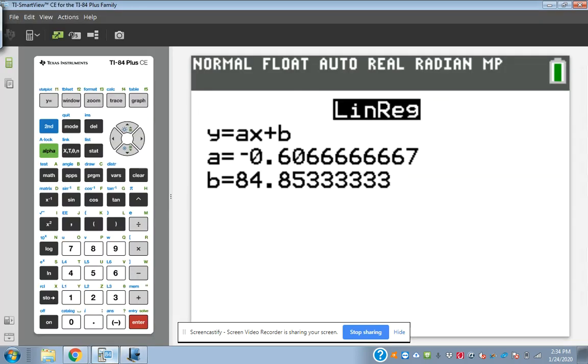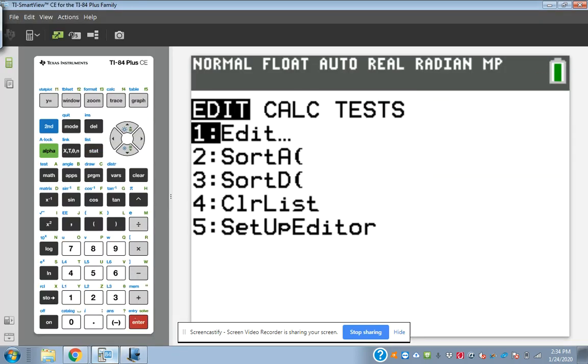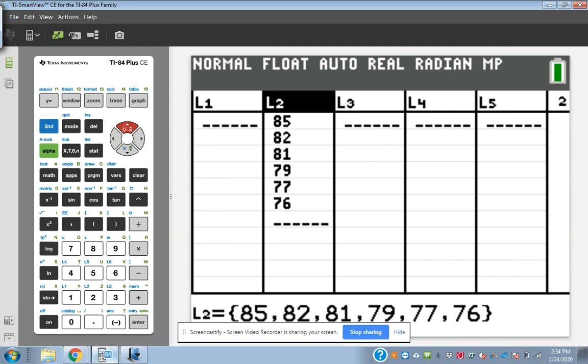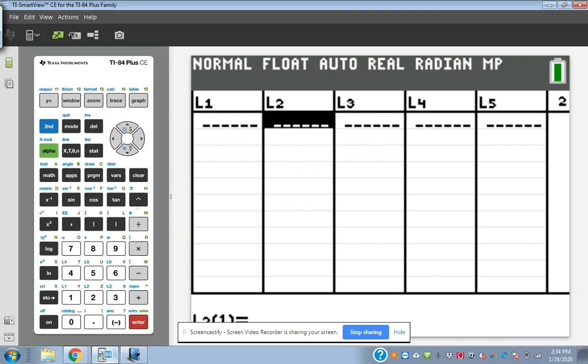So I'm going to go to Stat, Edit, and I'm going to clear out list 1. Clear, enter. I'm going to clear out list 2. Clear, enter. Put those X values in there.